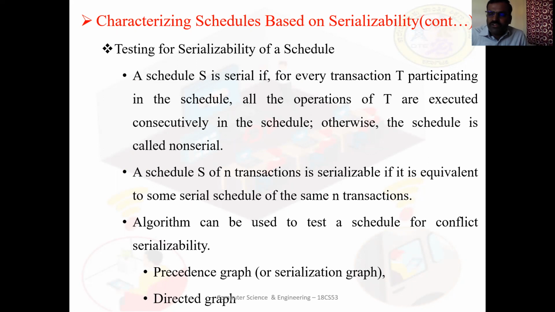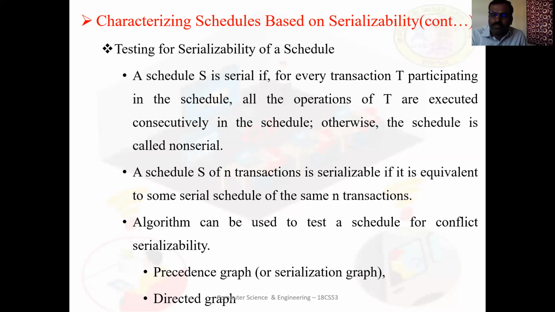Here the graph consists of a set of nodes N denoted as T1, T2 up to Tn. T1, T2 mean transaction 1, transaction 2, up to transaction n. Transactions are called nodes in this precedence graph.